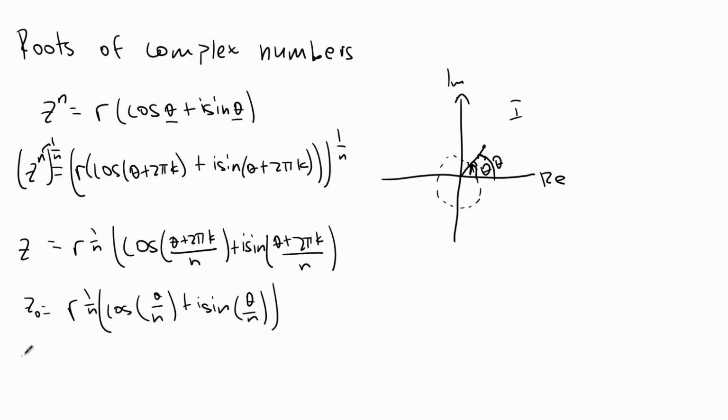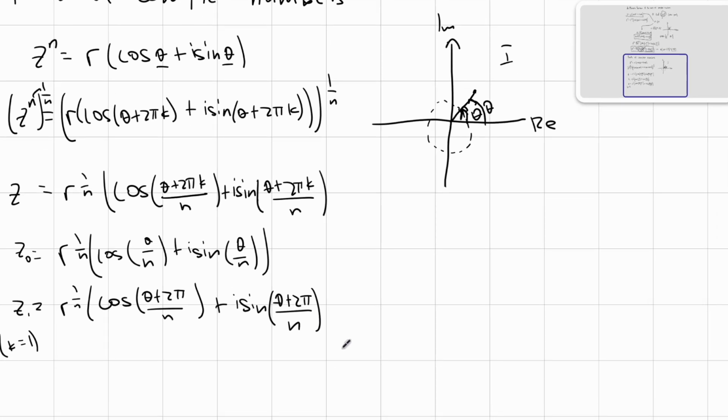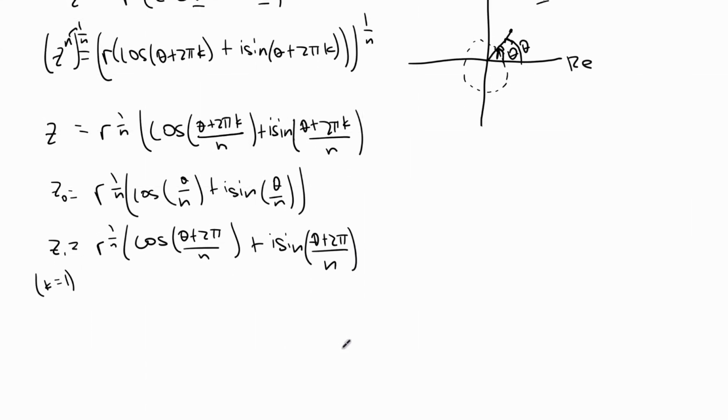Now, let's say our second root, we call z1, is going to be r to the 1 over n. Now, here k will be 1. We say k is equal to 1. It's going to be cosine of theta plus 2 pi over n, plus i sine of theta plus 2 pi over n. Now let's go ahead and find the last root.